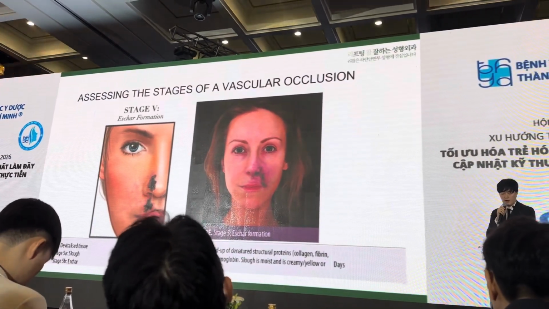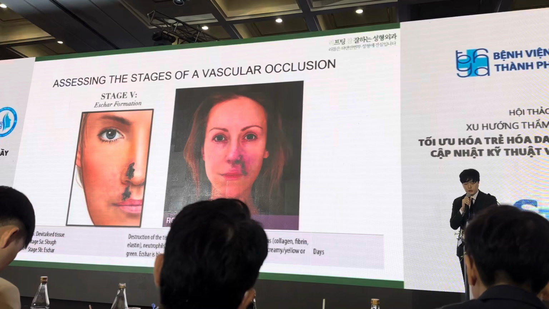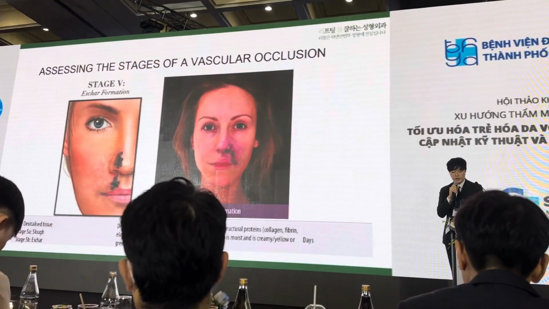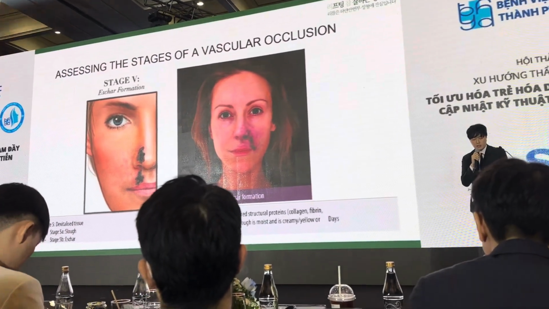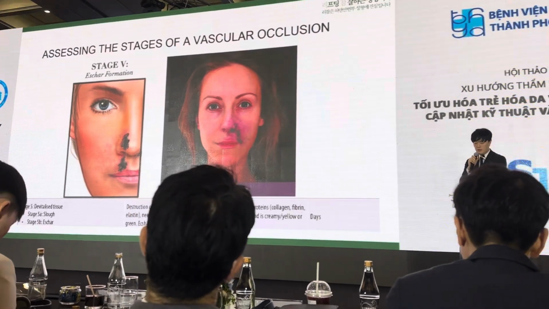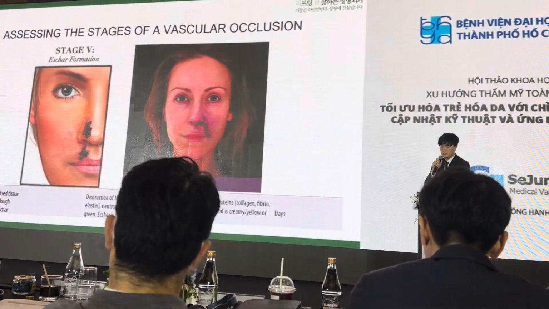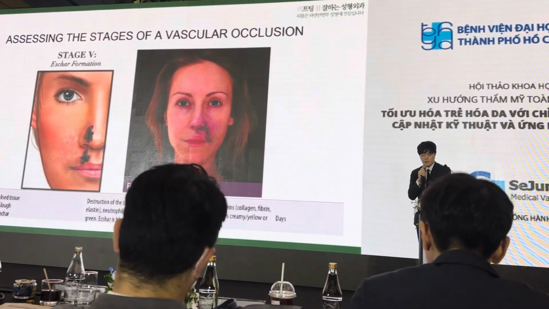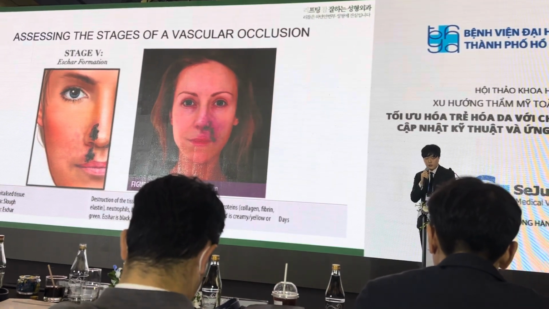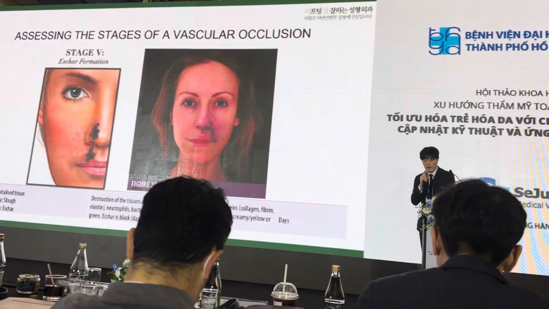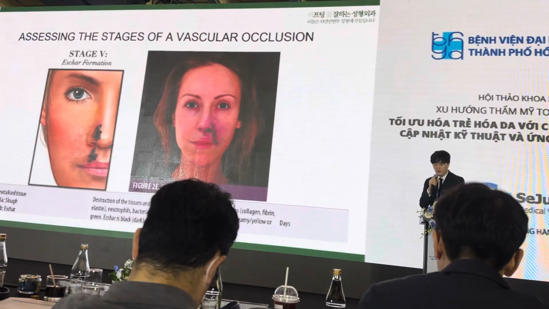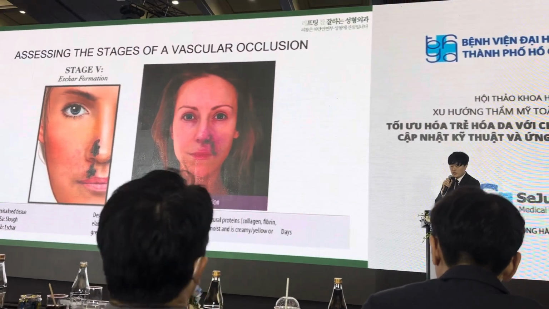Five, devitalized tissue, eschar formation. Finally, the fifth stage is tissue devitalization, characterized by sloughing and eschar formation. This is the result of prolonged ischemia leading to full thickness necrosis.